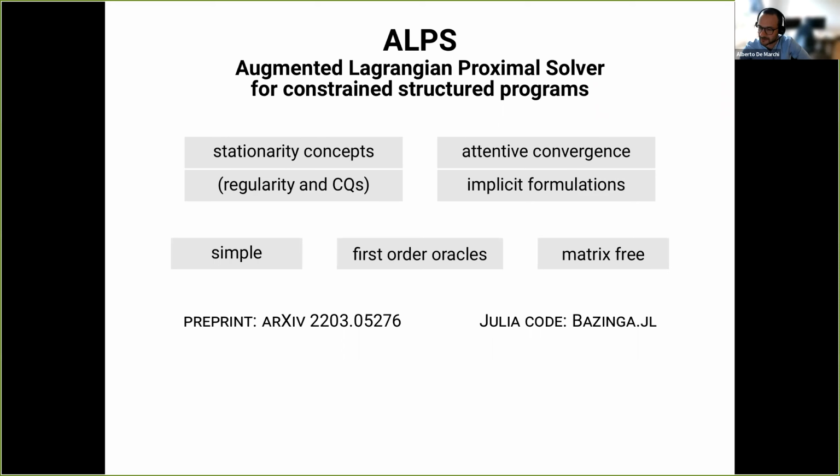So there are not many fancy mechanisms like feasibility restoration, anything, just plain simple as it is here in the presentation. We only use these first order oracles and the projection to the set, and it is matrix free, meaning that we never form any matrix. We just use the matrix vector product.